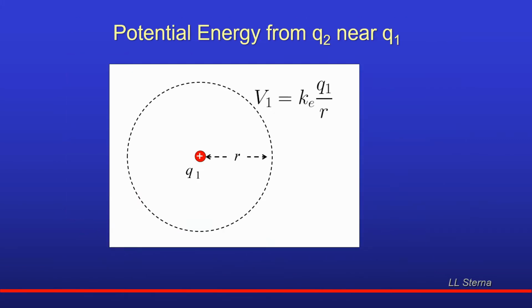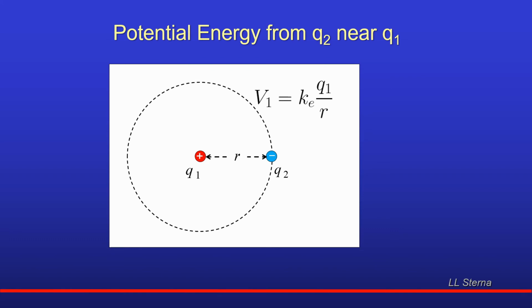Let's consider what happens when one charge approaches another charge. Suppose we start with charge Q1. At a distance r from that charge, we will have a potential V1 equal to K sub E times Q1 over R. We bring another charge Q2 to a distance r from the first charge.